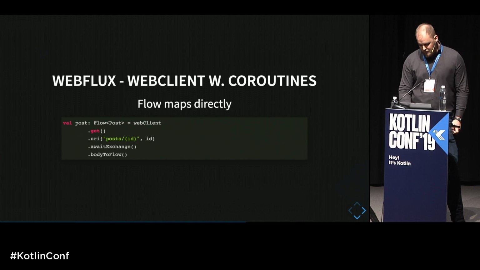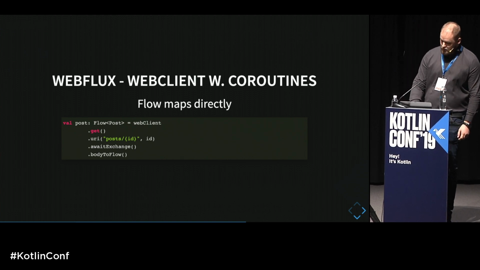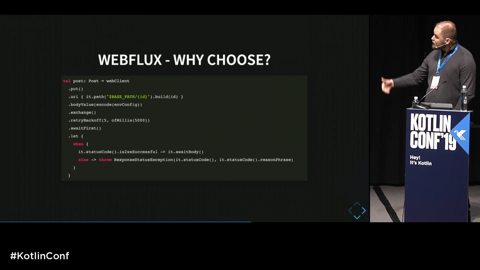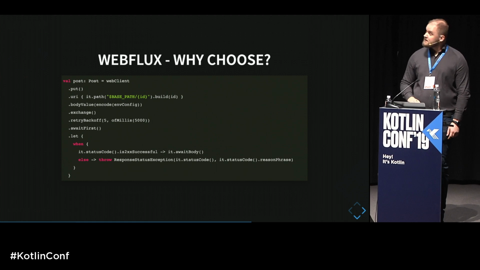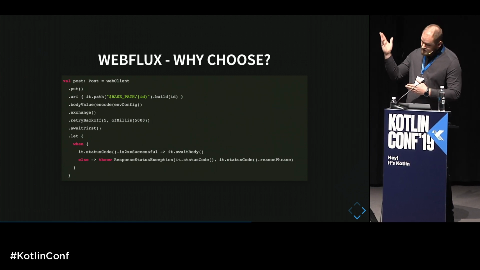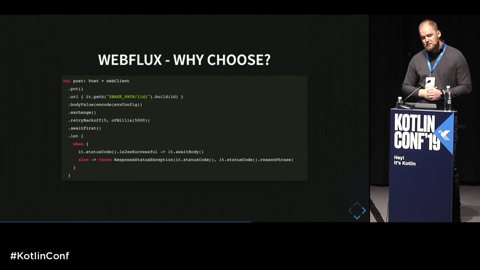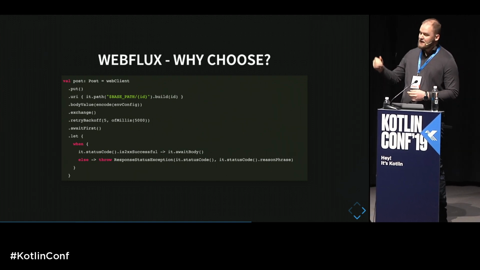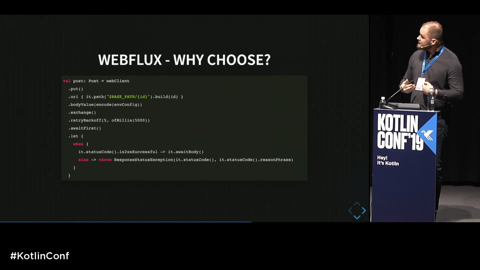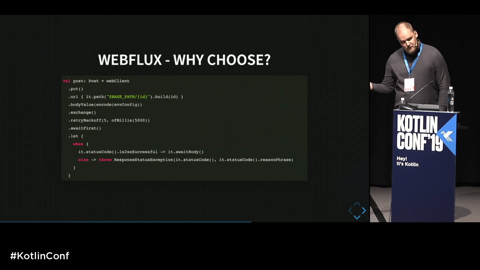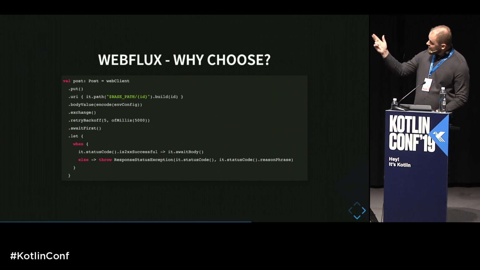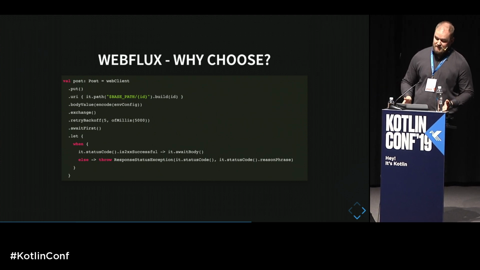But of course, as programmers, we don't really want to choose. So why choose? We can do both. So we can say put with a URI and a body value, and then we say exchange for the Mono, which has great observable functionality like retry with backoff. So we can say we want to retry our actual exchange up to 5 times, and then we awaitFirst. So we await the actual body when it comes through, and then we can let on that to transform it to whatever we need.